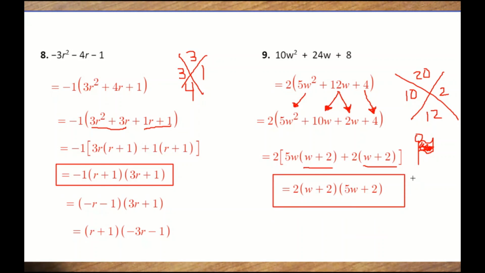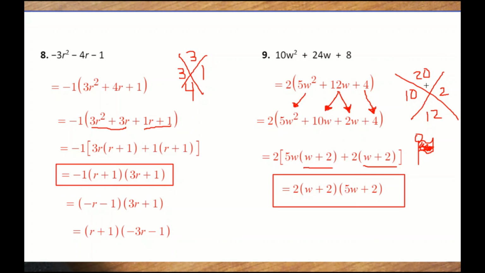Okay, so we did a bunch of examples of how to factor by grouping. I know this technique takes 2 or 3 extra steps than if this number is not a 1. So you're kind of hoping this leading coefficient is 1, because if it is, your life's going to be a lot easier. If it's not, it's not the end of the world, but it's not impossible either.